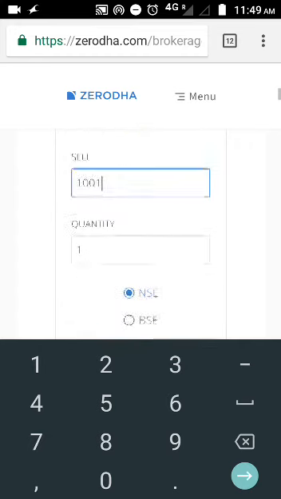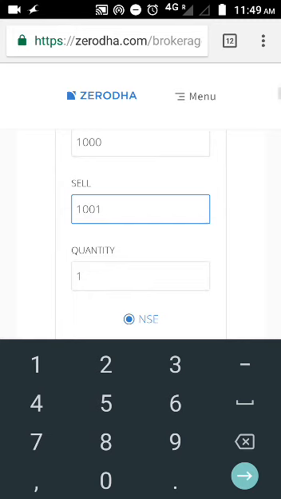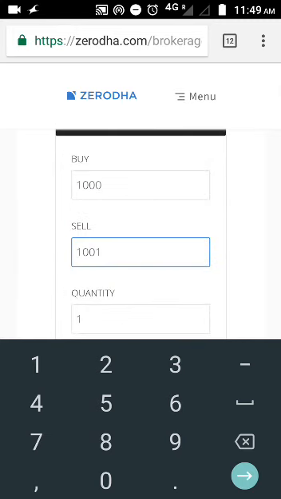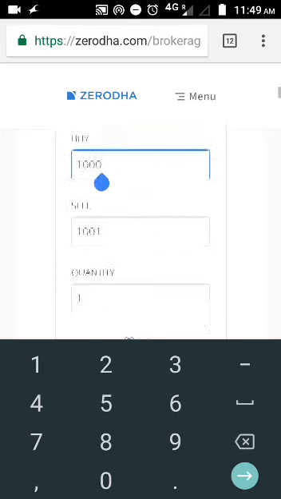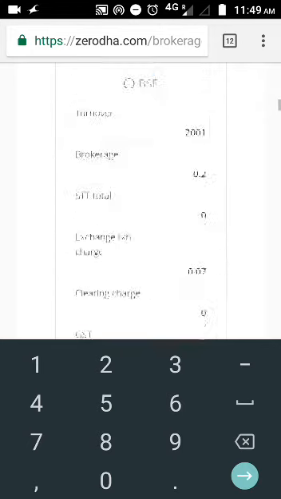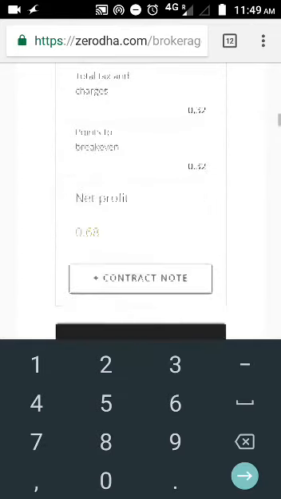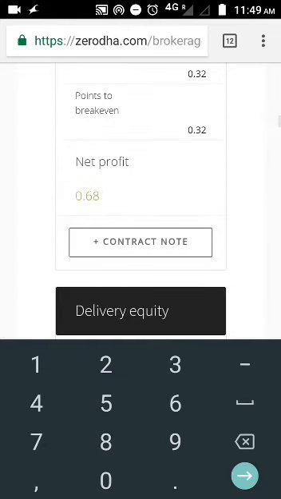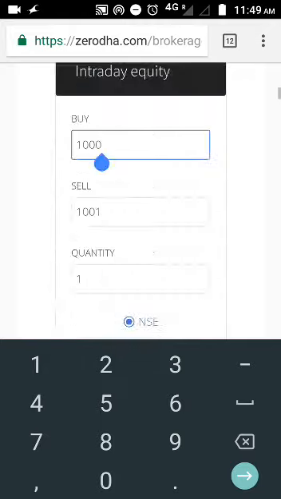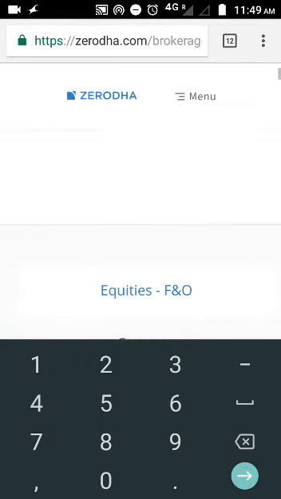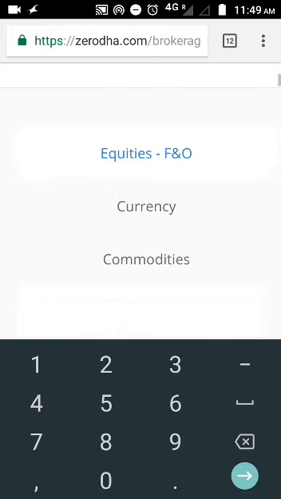The same day, if you're buying a 1000 rupees stock, that means your investment is 1000 rupees and you sell it at 1001. Will you be in profit? Let's see. You will be in profit, yes. 32 paisa would be the brokerages on both sides, and that's exactly what you have to calculate. It's very important for you to know the break even point, where exactly the break even point is.